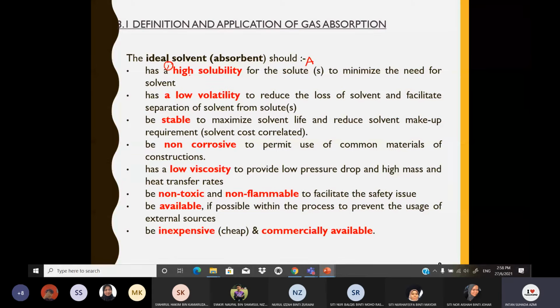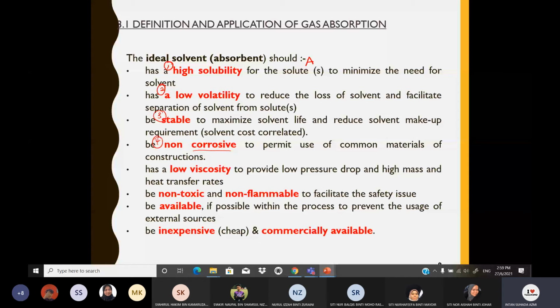It also should have a low volatility in order to reduce the loss of solvent. It should be stable to maximize solvent life. It is also important to be non-corrosive, to permit use of common materials of construction. Low viscosity provides low pressure drop.